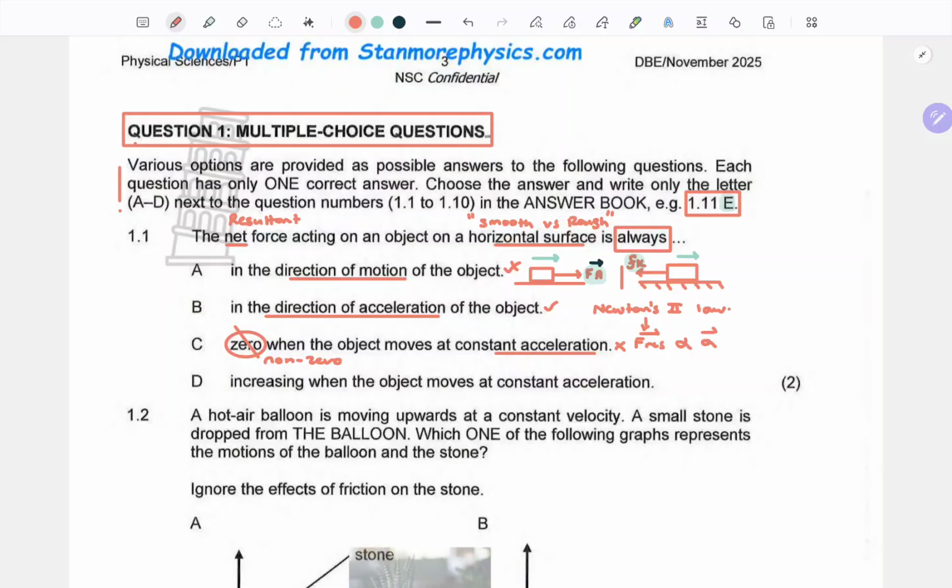It is increasing. Again, is that the case? When the object moves at constant acceleration, as we said, the acceleration is directly proportional to the resultant force, such that if the acceleration is constant, then the resultant force will also be constant. So this is incorrect.